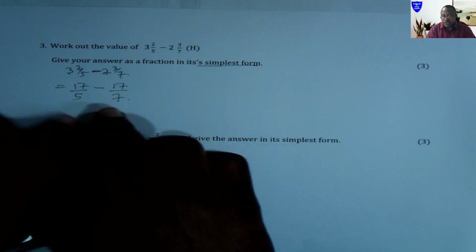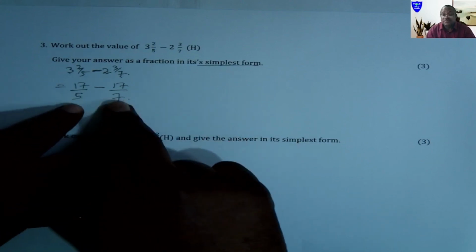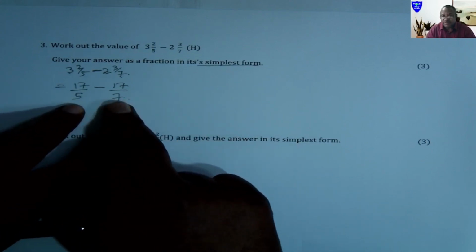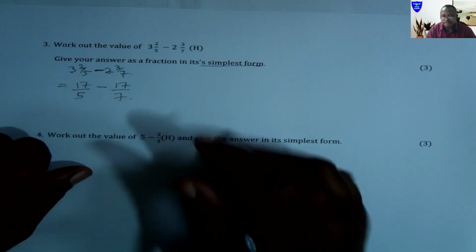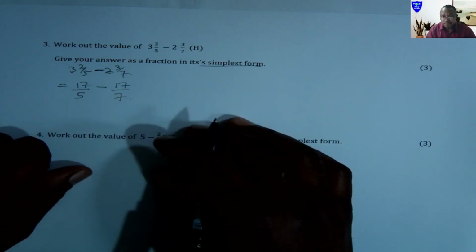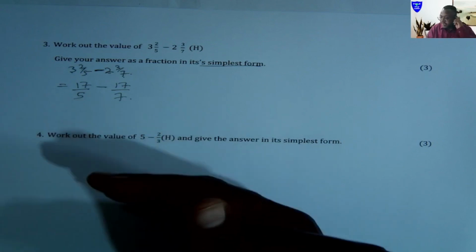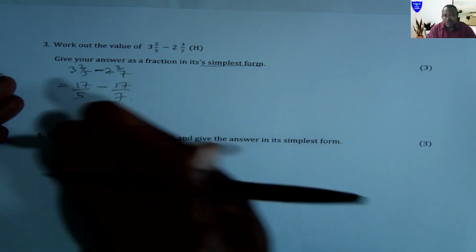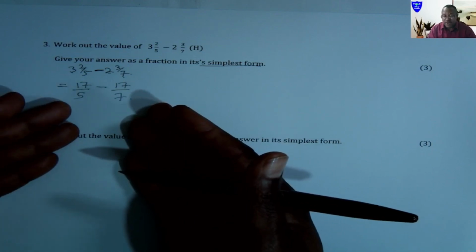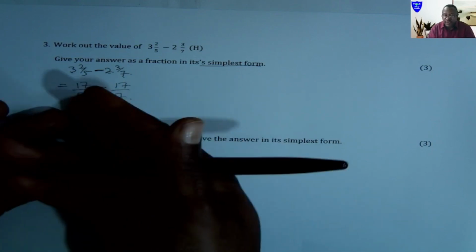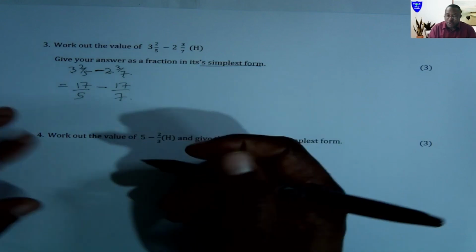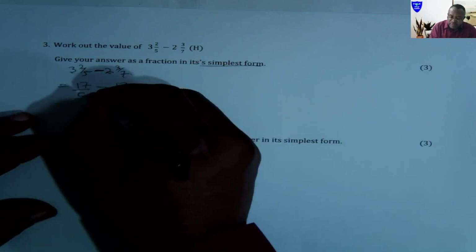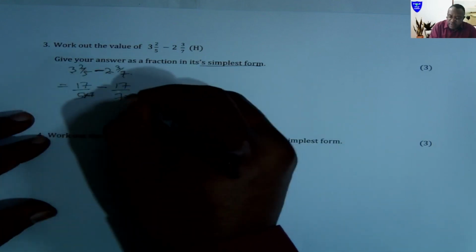Our aim is to make sure that these fractions have the same denominators. Okay? Now, the only number that springs to mind here is 35. Right, now, to get 35 here, 35 there, what do we do? We can multiply this by 7 and multiply this by 5.